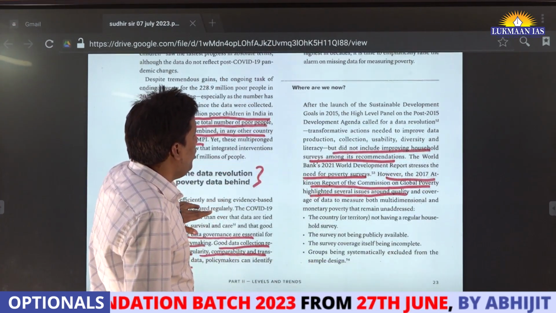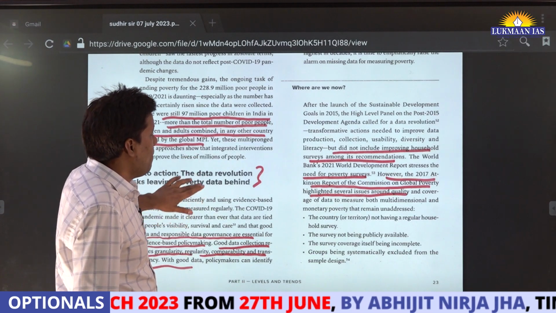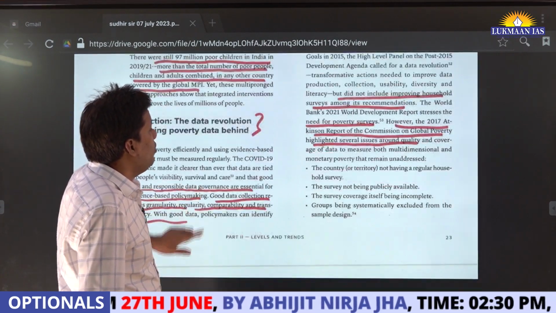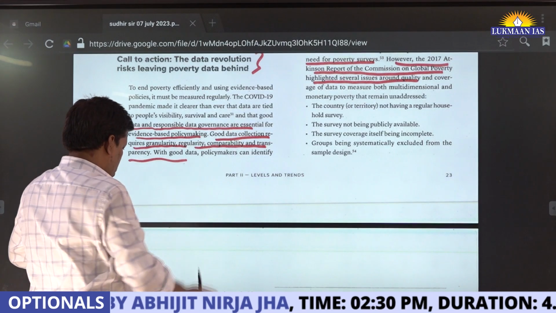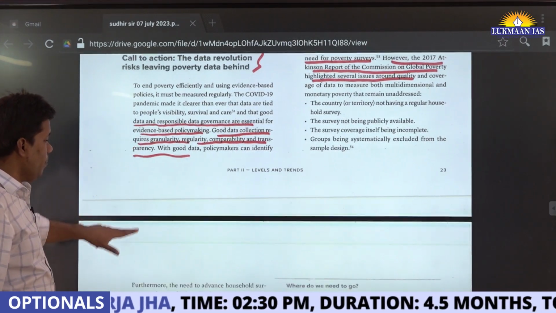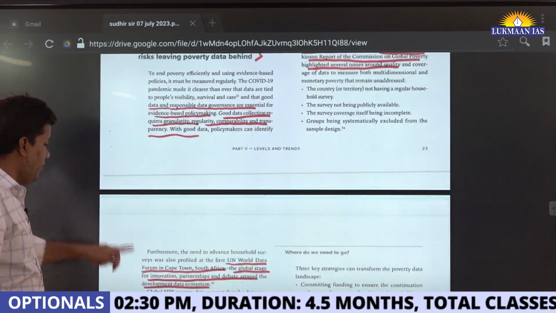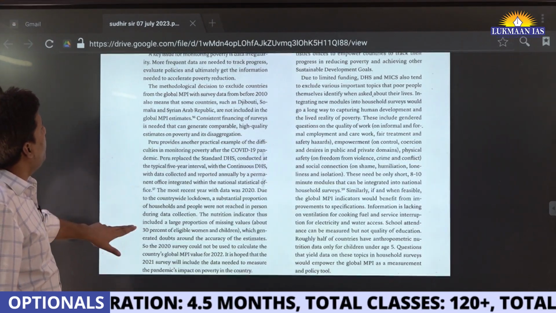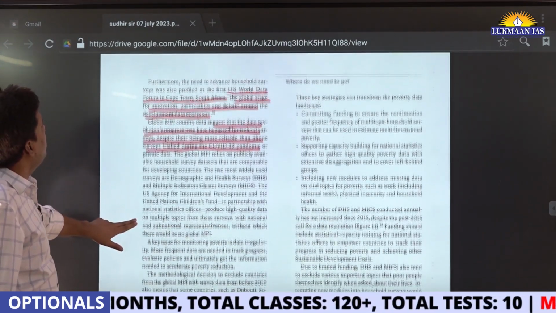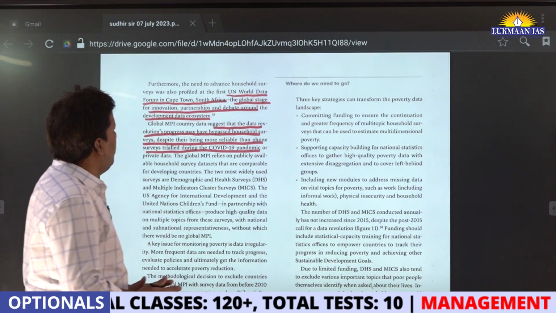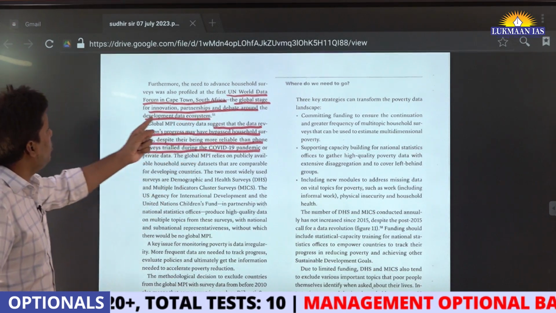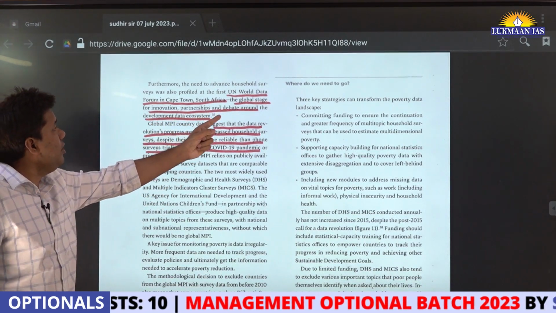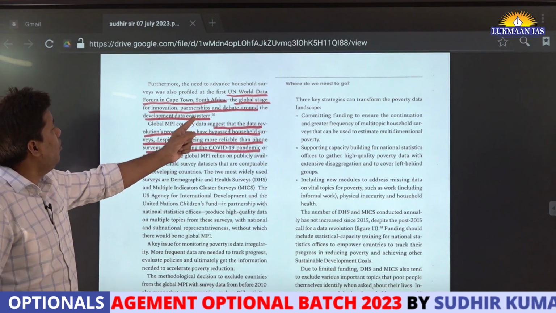See, there was an organization I'm talking about: the UN World Data Forum in Cape Town, South Africa, the global stage for innovation, partnership, and debate around the development ecosystem.